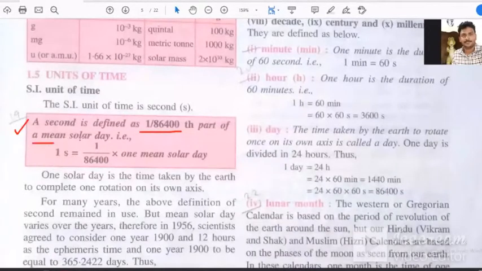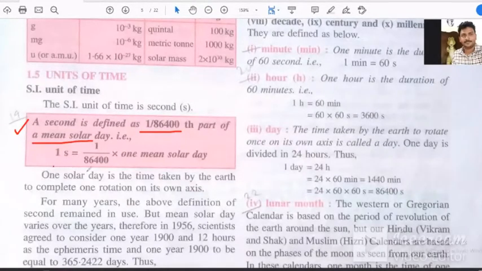A mean solar day consists of 24 hours, right? So if you convert 24 hours into seconds, then your answer will come 86,400. So you are taking 1 upon 86,400 part of a day, and that will be said as 1 second.